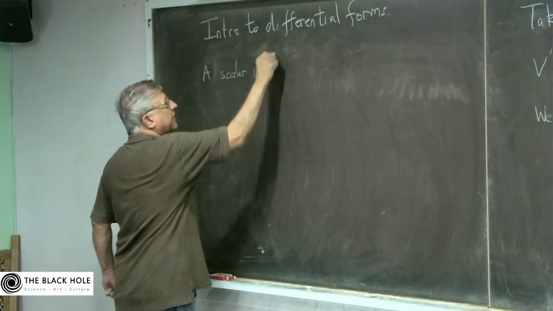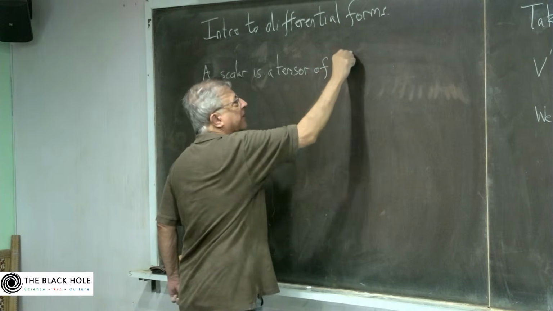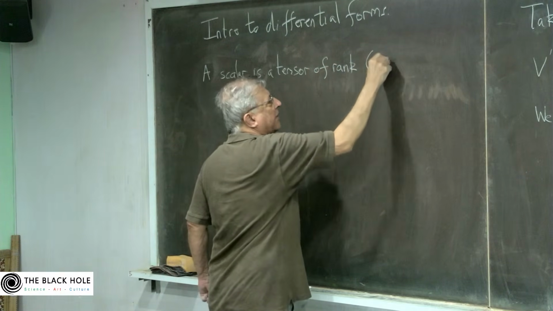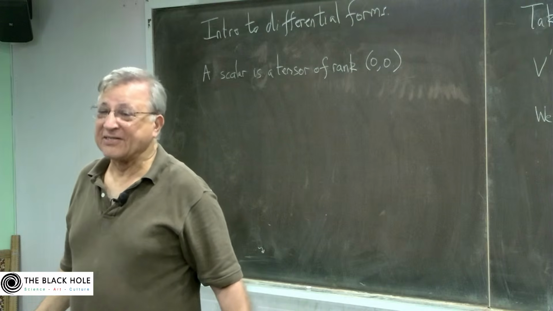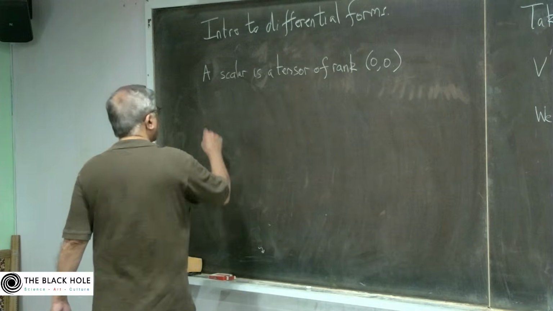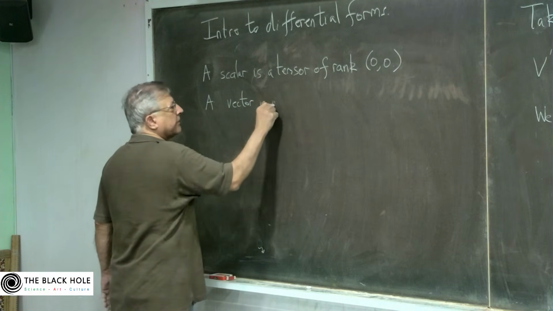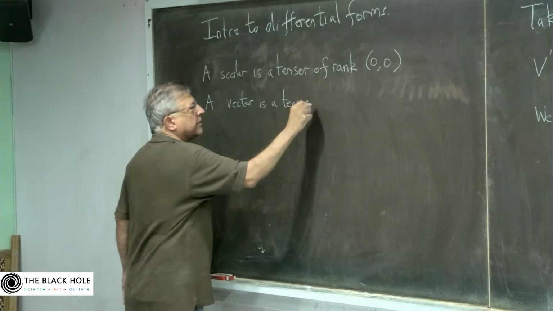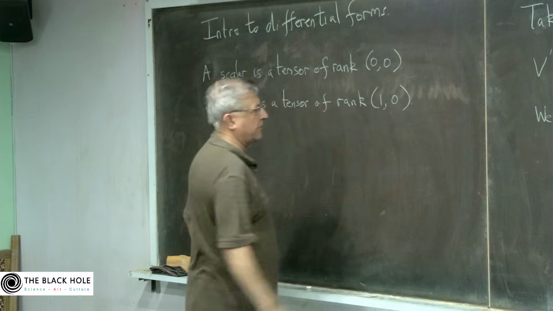A scalar is a tensor of rank 0. So we deal, even temperature is a tensor. It's a scalar, but you can call it a tensor. A vector is rank 1, 0.